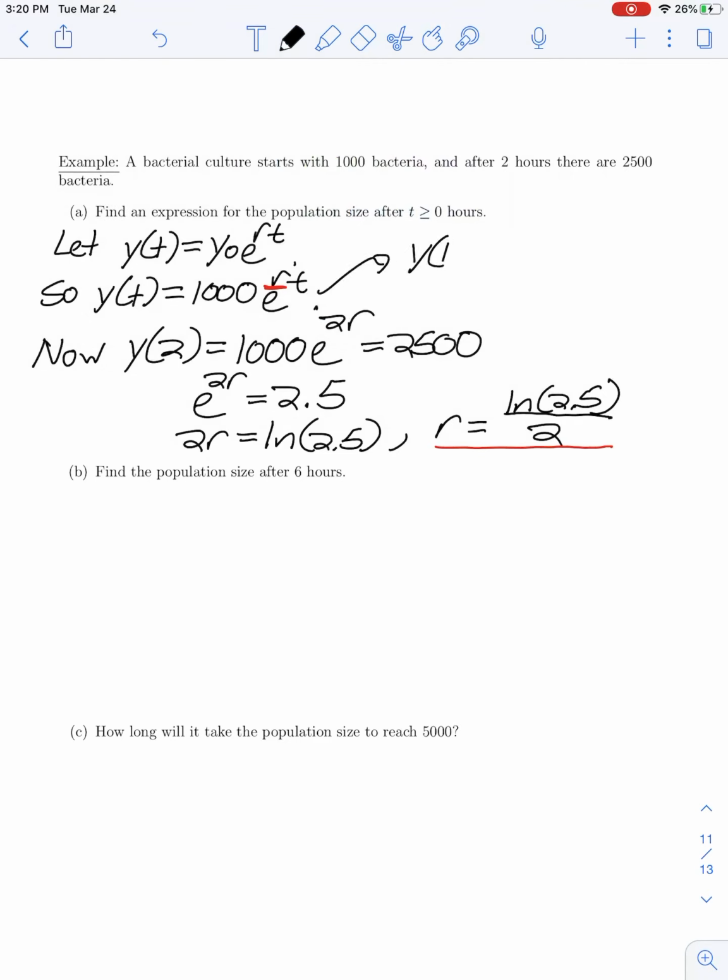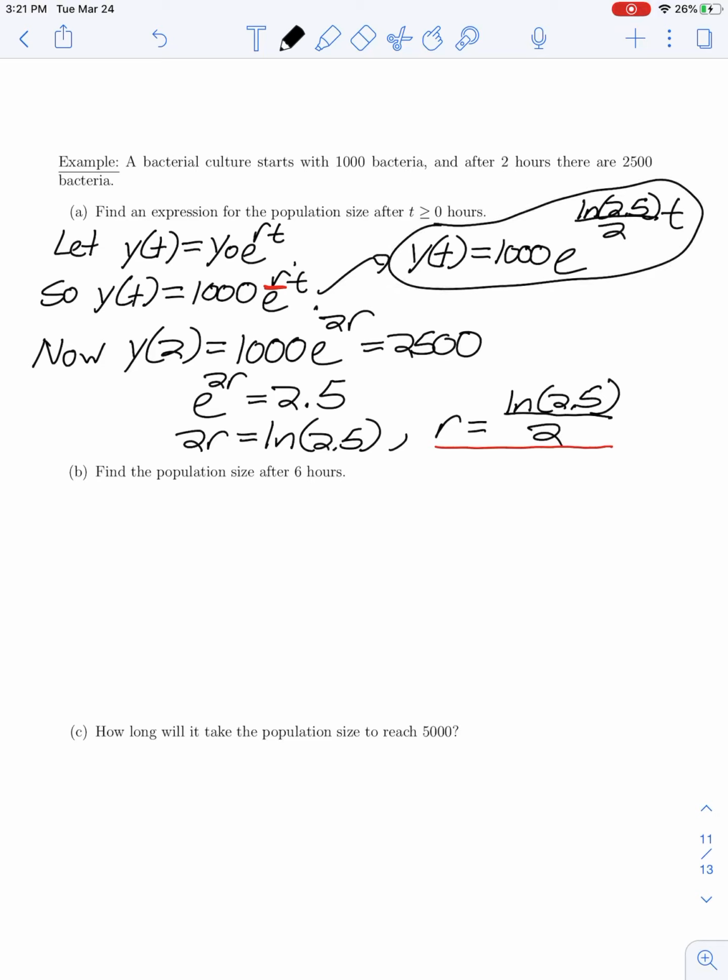What we find is that our population size y after t hours is 1,000 times e raised to the r, which we found to be the natural log of 2.5 over 2, times t. So this would be our expression for the population size after t hours.